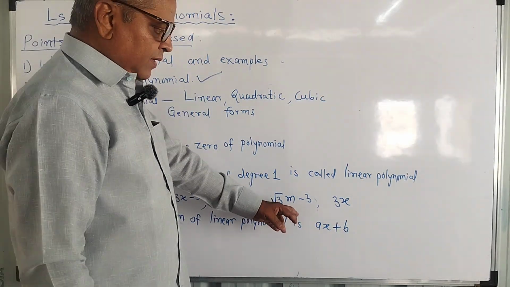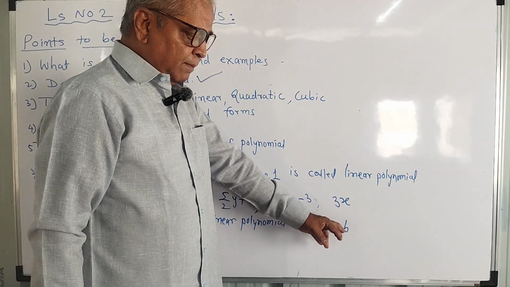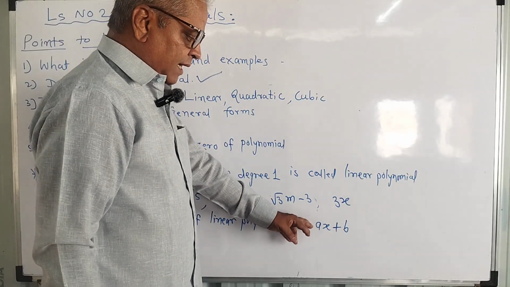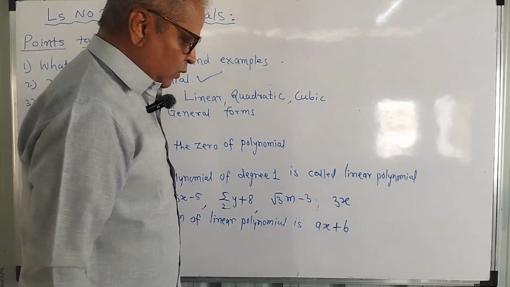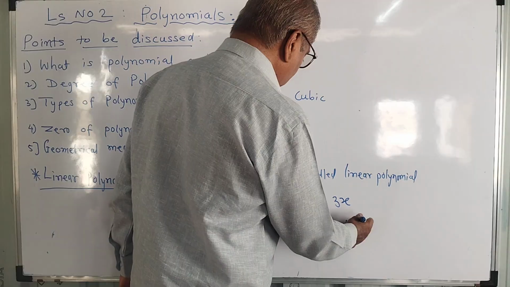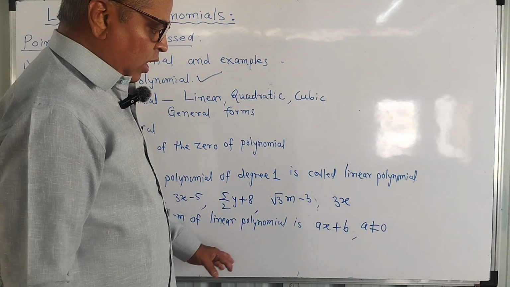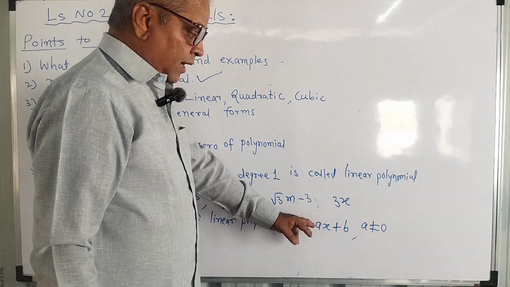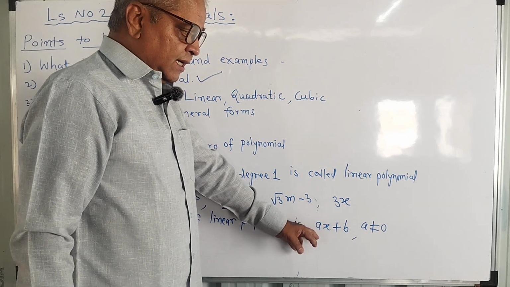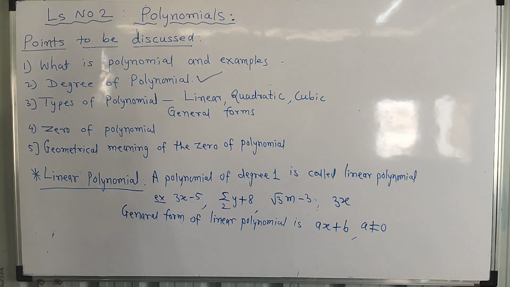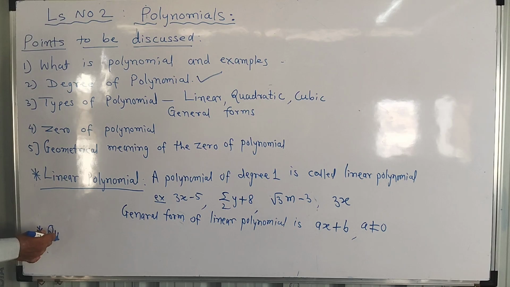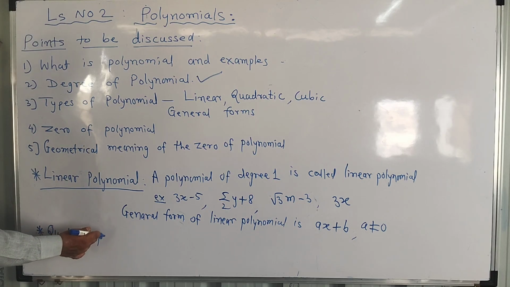So a may be any real number, b may be any real number, but a should not be 0. So a not equal to 0 is the condition of linear, ax plus b is the general form of linear polynomial.